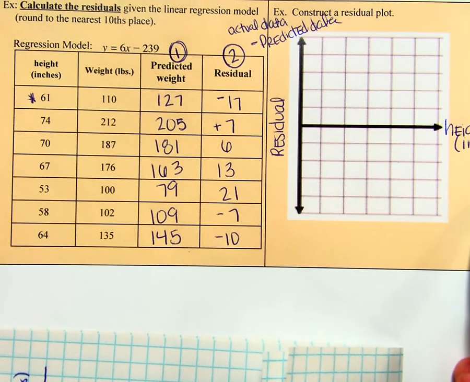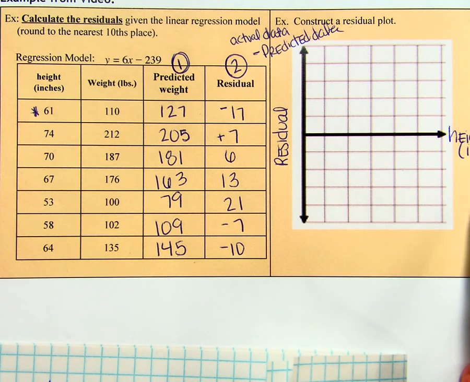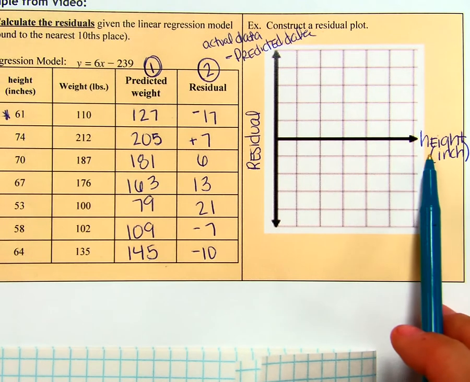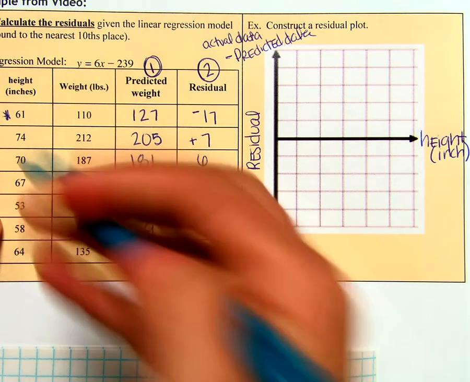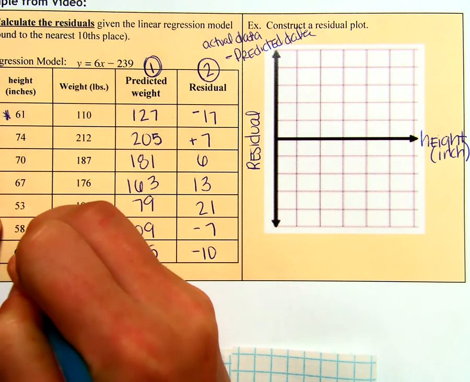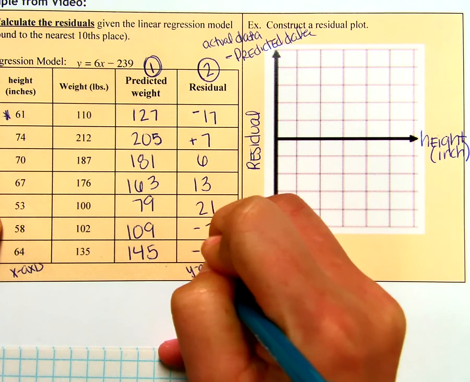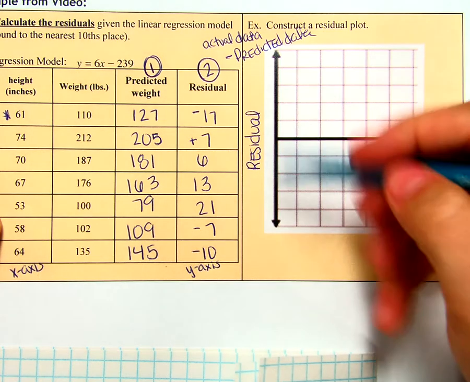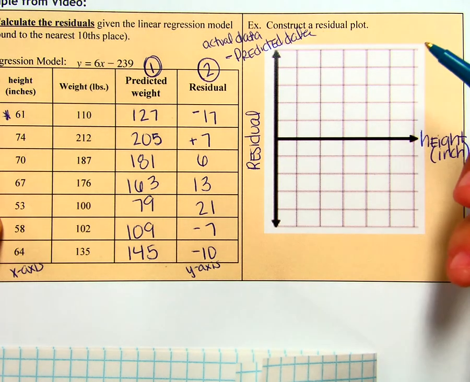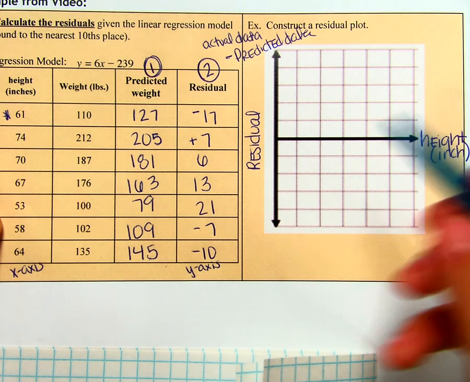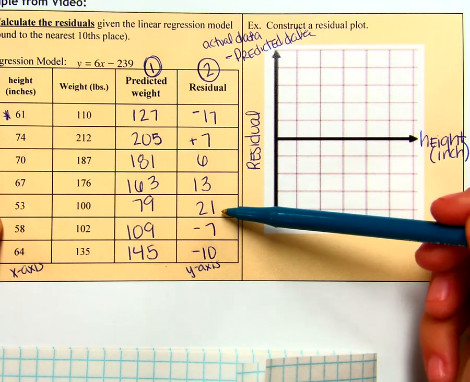The third thing that you're going to be doing today is graphing the residual. On the x-axis will be our heights in inches. So this is going to be our x-axis. And then on our y-axis will be our residuals. Okay. So I'm going to take a second to take a look. I see my largest residual is 21.